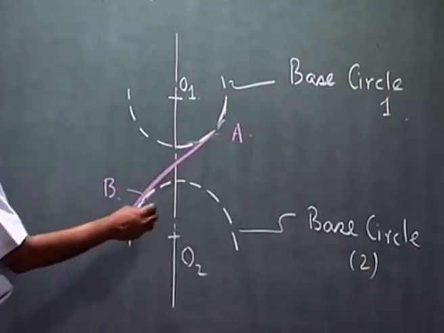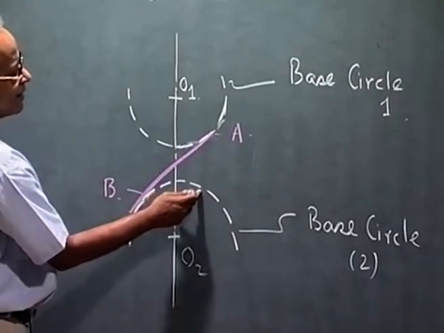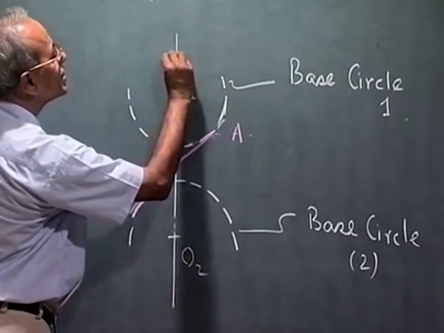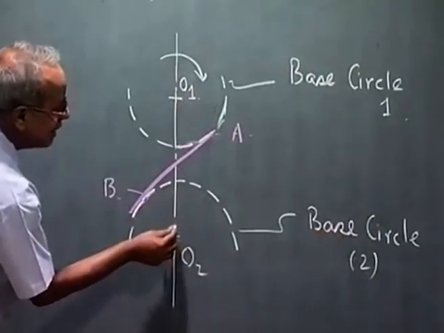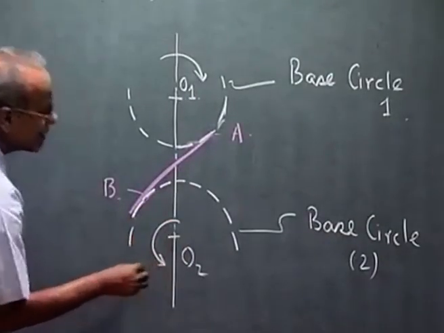Now, let us talk of one tooth of this gear. Suppose this gear is rotating this way, and through the teeth engagement it is rotating this gear in this direction.